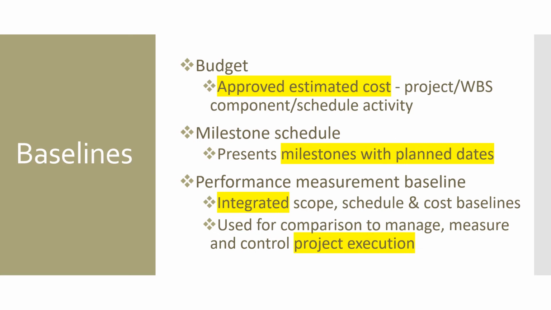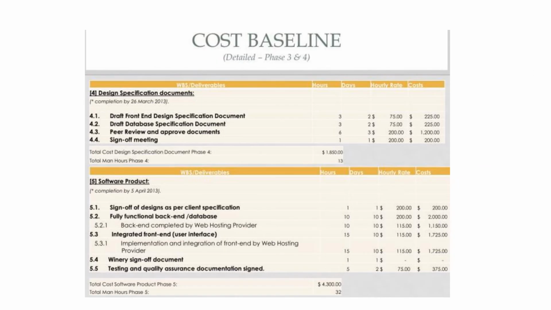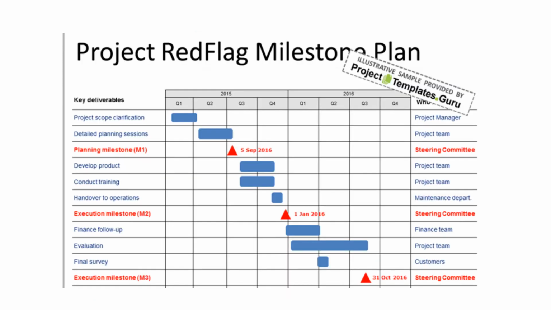So that is an integrated measurement baseline. This is an example of a cost baseline. What are the WBS items, how many hours, what are the days, what is the hourly rate, what is the total cost. It talks about the total cost, total person hours, and everything. This is an example of a milestone plan. All this red color talks about your milestones and dates.